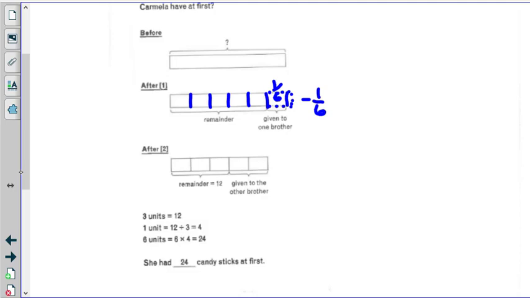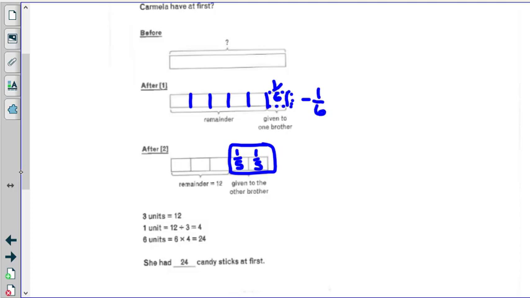The remainder, she gave 2/5 of what was left. So here's 1/5, here's another 1/5. So she's taking this away. 2/5 of the remainder was given to another brother. And now she's left with 12.